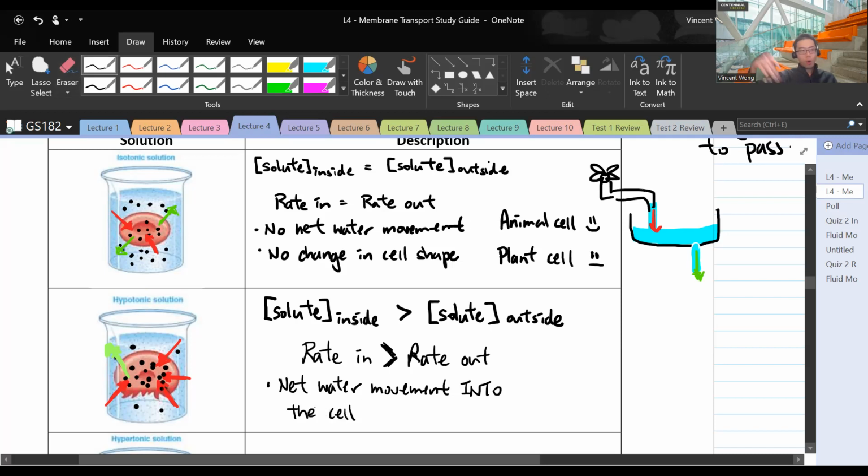What that means is you have more water coming in than leaving the cell. So what's going to happen to the cell volume? Well, cell volume increases, right?